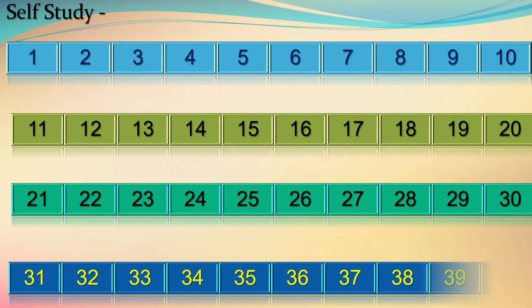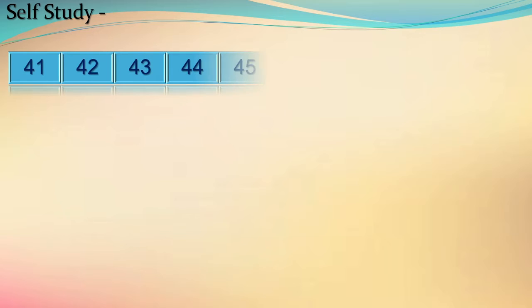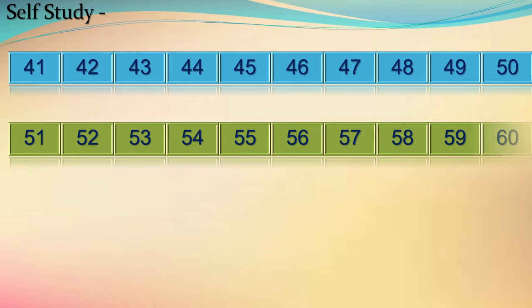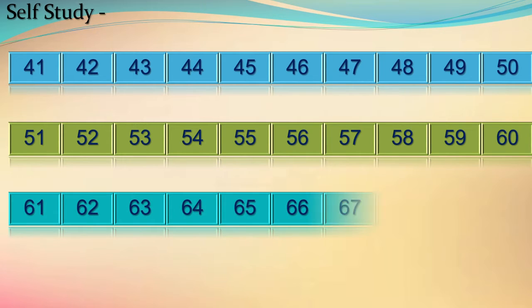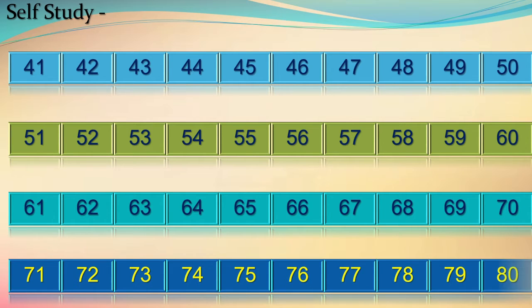This is 31 to 40 and the next one is 41 to 50. Next 51 to 60, 61 to 70 and 71 to 80. Up to 80 we know the numbers. We have studied up to 80, right? How to read and how to write them in the form of tens and units. We know all these things, isn't it?